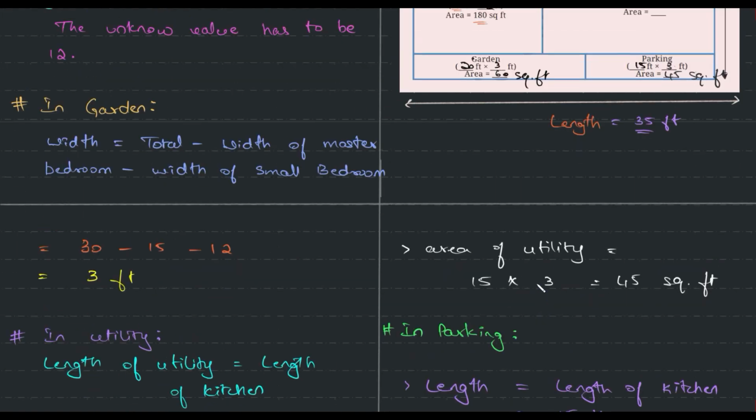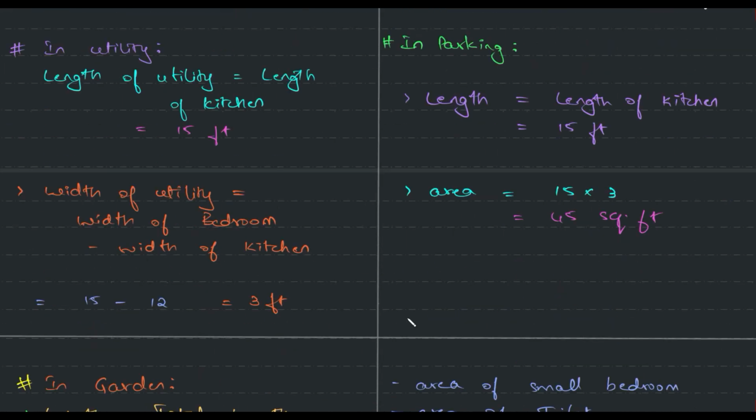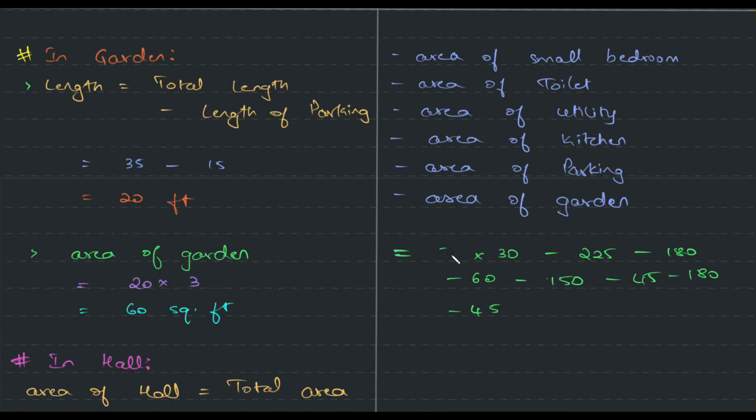Okay, so let me do the calculation here itself. Area of house, floor. That is 35 into 30, which is 1050 square feet. So 1050 square feet.